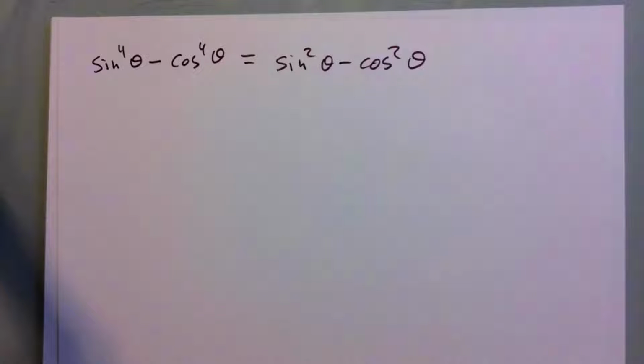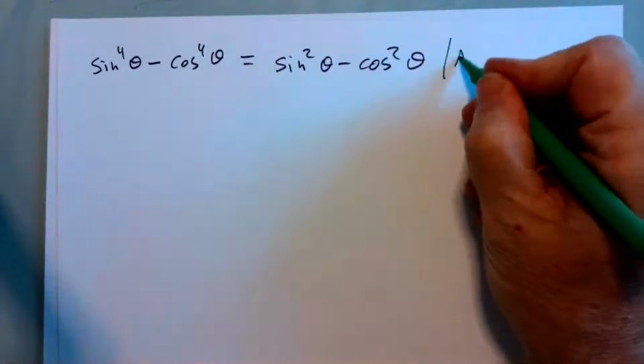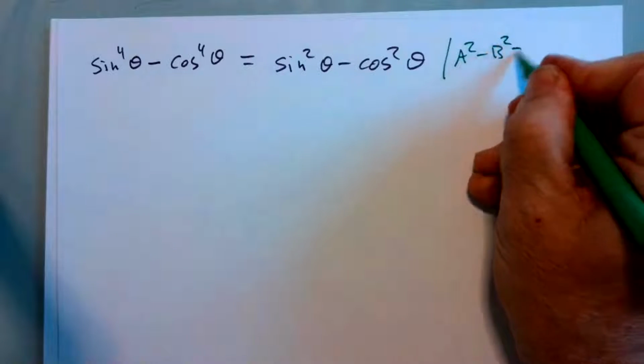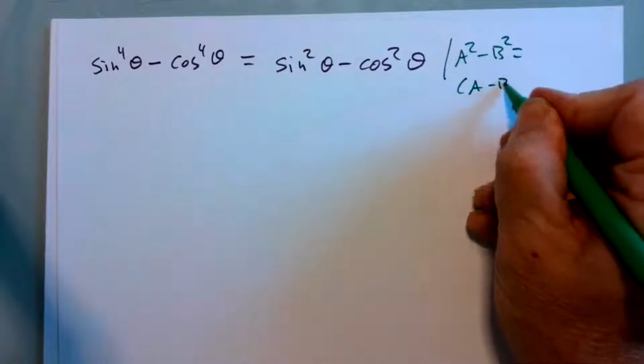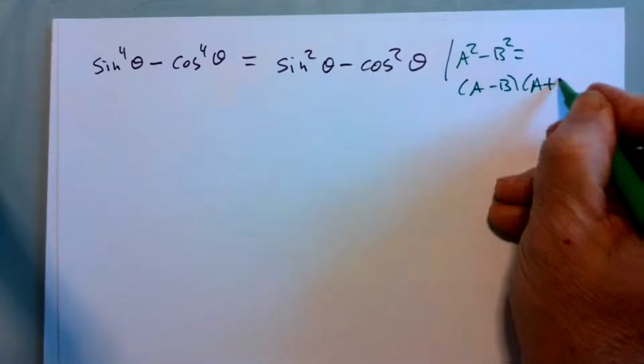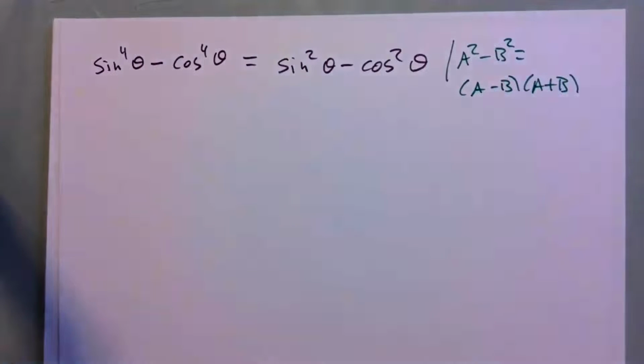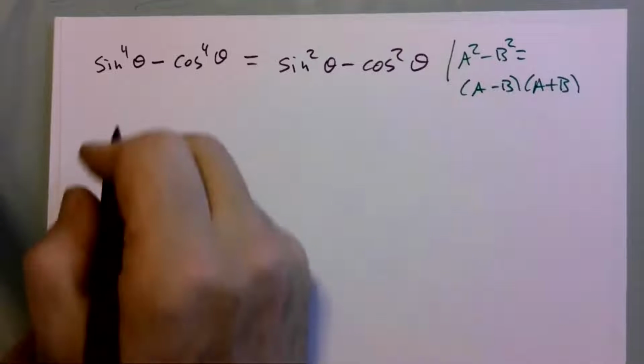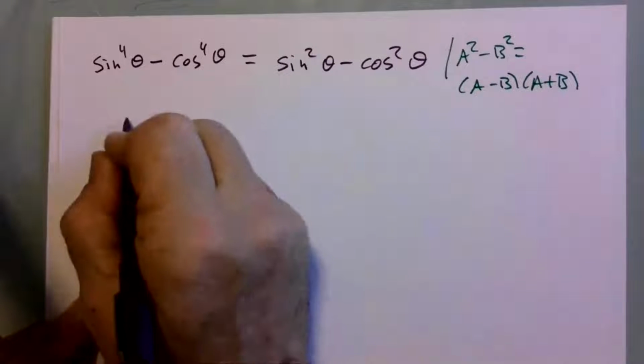Well, the hint here is to use that same rule for factoring that we used in the last problem, namely a squared minus b squared is a minus b times a plus b. Can you see that? Maybe you can see that. If not, we can go ahead and do our factor box if that's something you like to use.